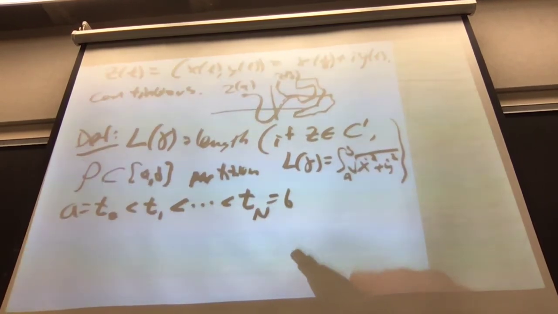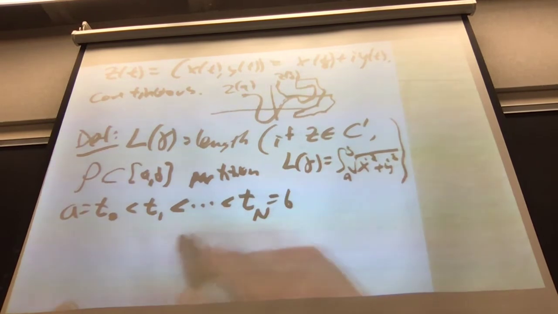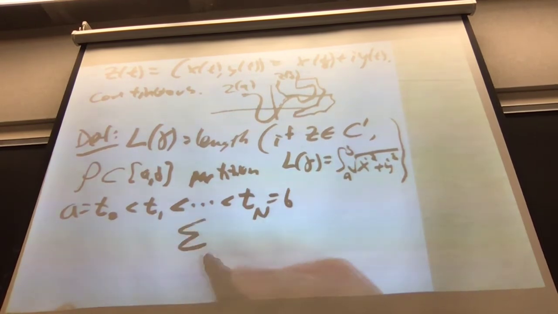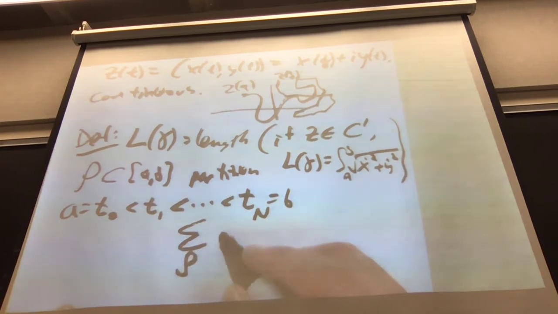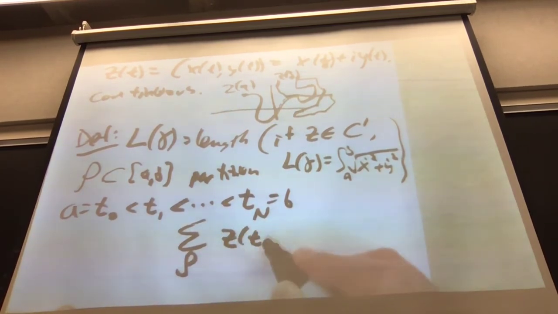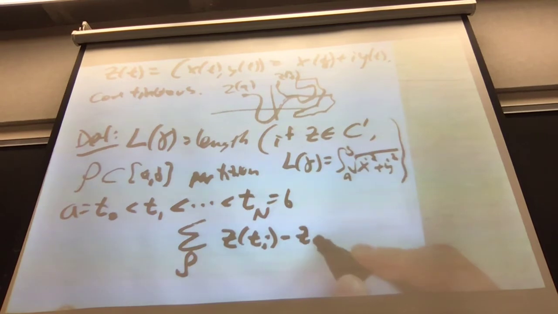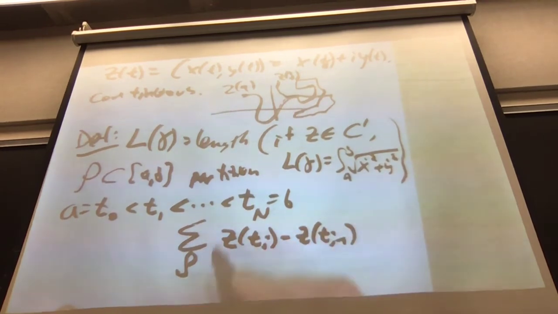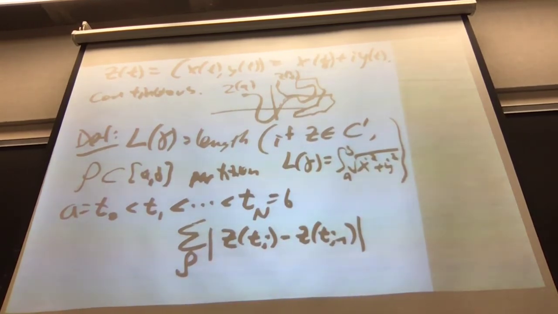And then we can look at the sum over the partition of the absolute length of z of tj minus z of tj minus 1.